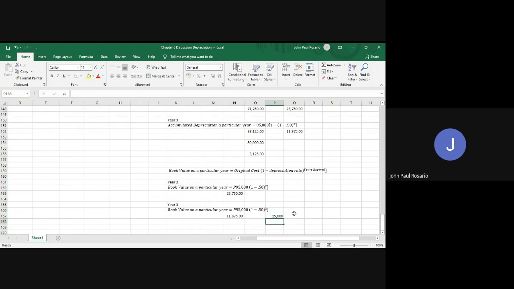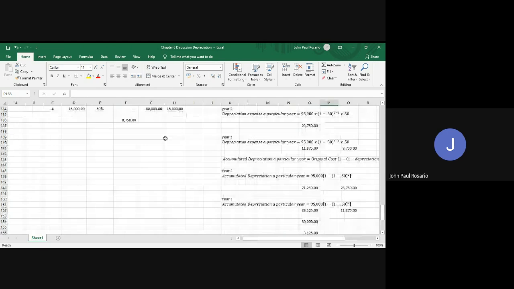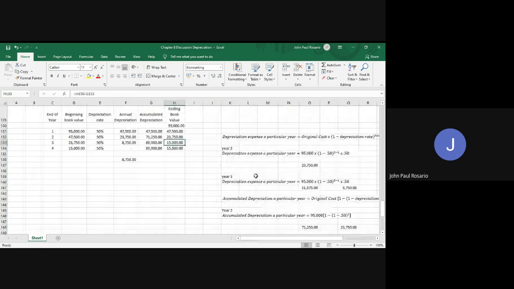So our carrying amount on year 3 is 15,000, as seen here in your table. Okay, so with that, we're done with our discussion on the declining balance method. Oh, not yet. Let's try the second one, which is the 150%.